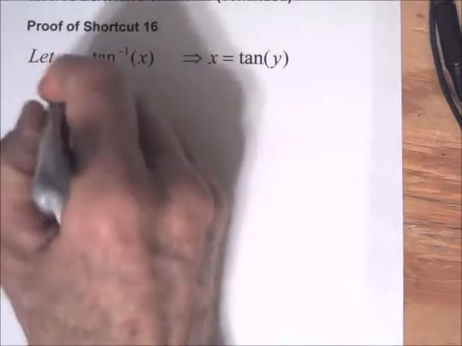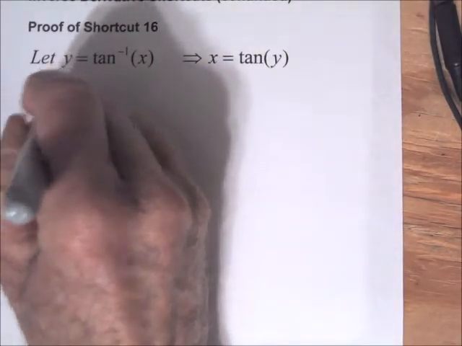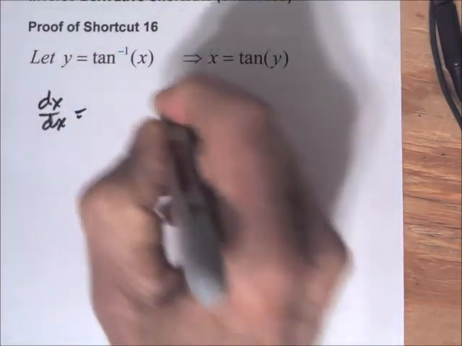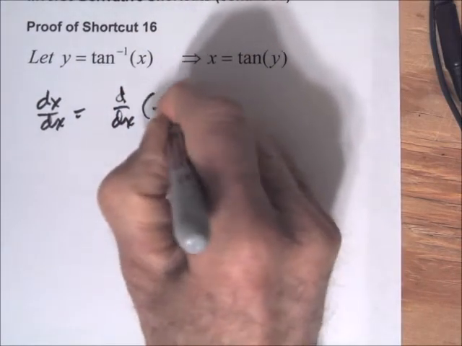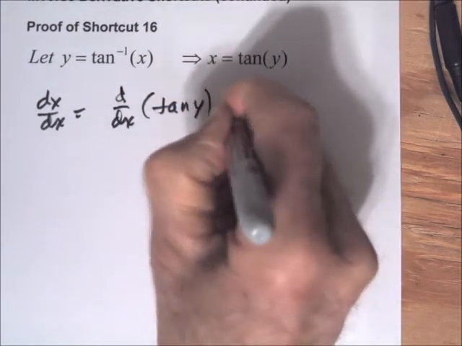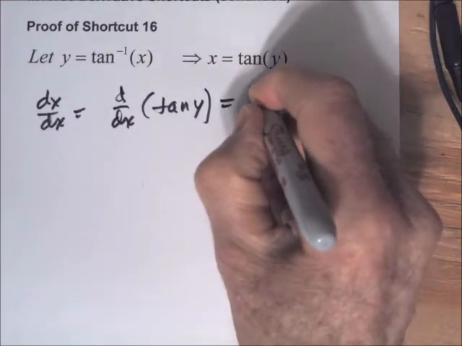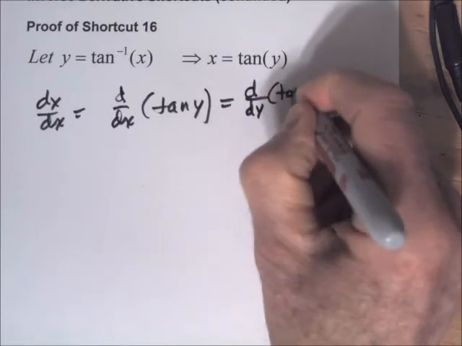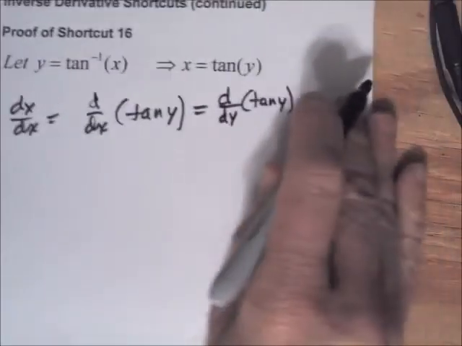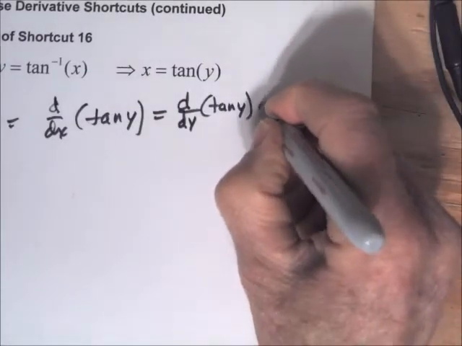If we take the derivative implicitly, dx/dx is equal to the derivative with respect to x of tangent y, and then use the chain rule. This is the derivative with respect to y of tangent y, times dy/dx.